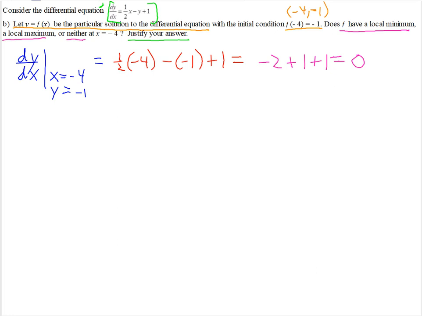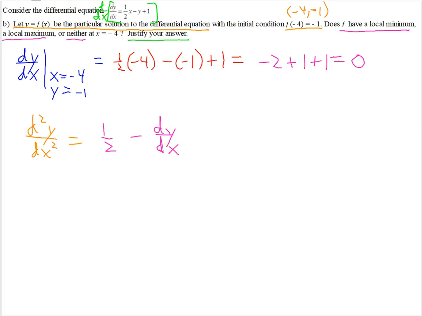by taking the derivative of this using implicit differentiation. So the derivative of the first derivative is the second derivative. We write d squared y dx squared. The derivative of 1/2 x is just 1/2. Minus the derivative of y, 1, and then that's where I multiply by dy dx.